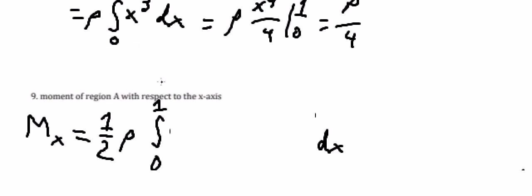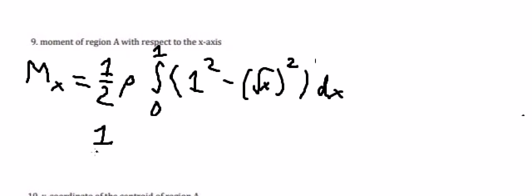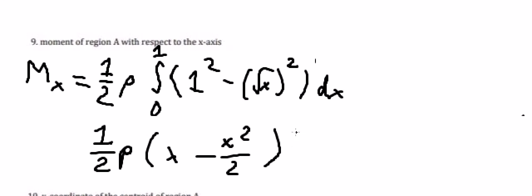So that should be 1 squared minus the square root of s to the power of 2. So we can get the final answer. This one you get s, this one you get s squared over 2, and we get p over 4.